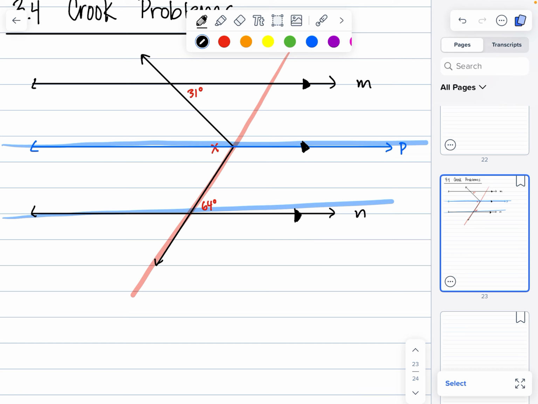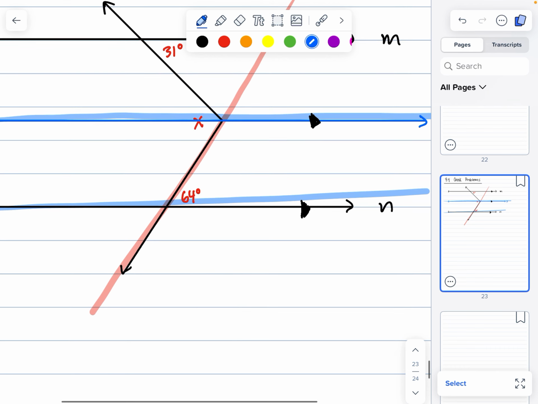Now, in this particular case, 64 is an interior angle. And if you look at it, X is this full angle, but we're not interested in that full angle yet. We want to incorporate this angle here, the part of X, okay? And the part of X is also an interior angle, right?